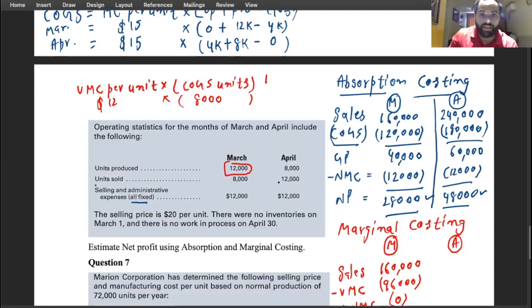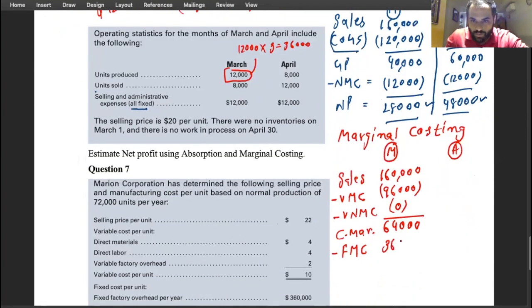Total fixed cost for the month of March is 12,000 multiplied by 3, yes. 36,000 for the month of March. Fixed cost for the month of March. So 36.